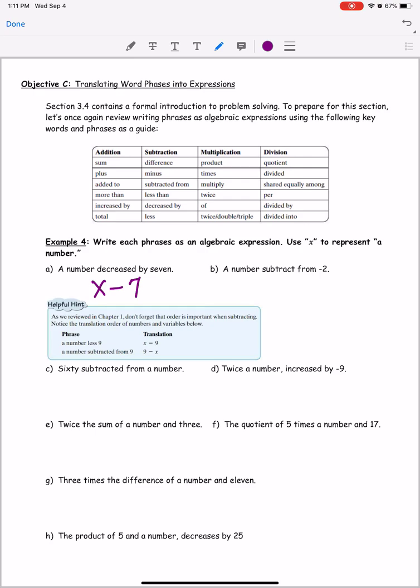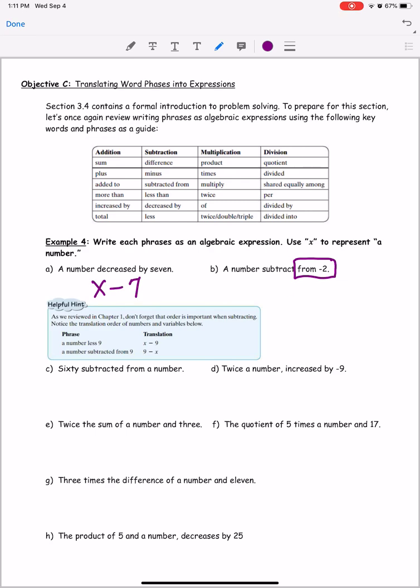However, on this one, a number subtracted from 2. Don't write this, but what a lot of times we want to do is write a number subtracted from -2. This is not correct. The reason is when you see the word from, when it says from -2, that means that it has to be where you start.